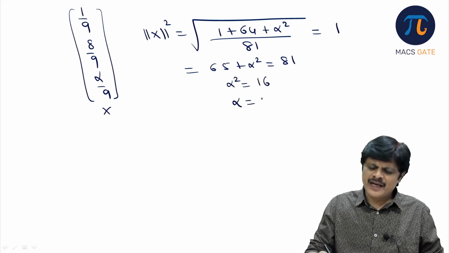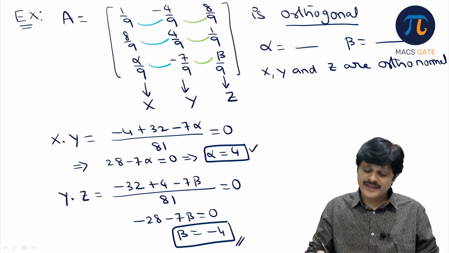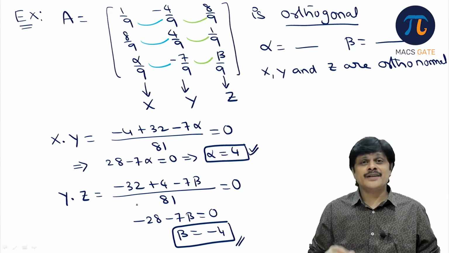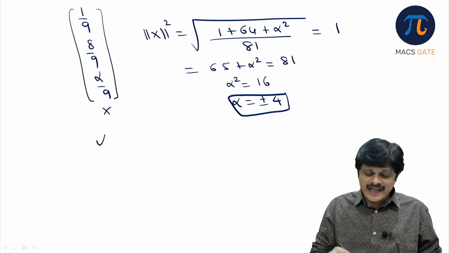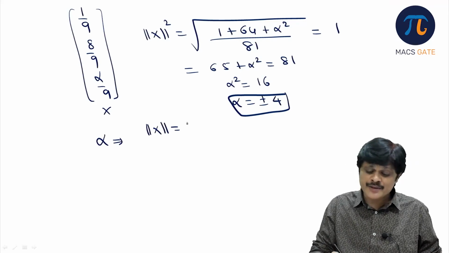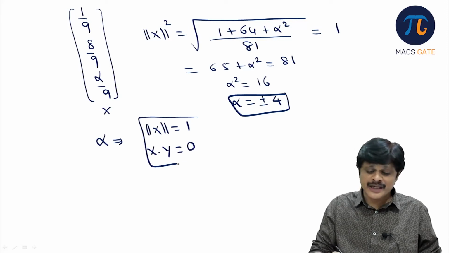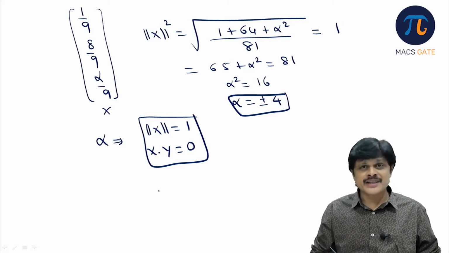So people feel alpha value should be plus or minus 4. Then why should you take plus 4 only? This is the doubt people get. See, my dear friends, this alpha value should satisfy both the conditions. It should satisfy mod x is equal to 1 and x dot y is equal to 0. Both the conditions must be satisfied. Which value of alpha satisfies both?